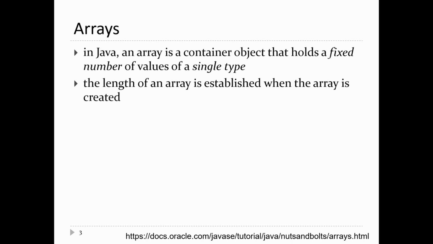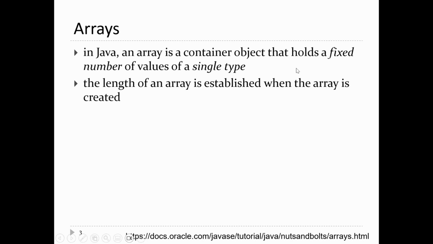Remember that. In a week or so we'll start to use lists, but for now we're going to use something called an array. In Java, an array is a container that can hold a bunch of stuff, but it always holds a fixed number of stuff. If you make an array of size 5, it always holds 5 things from the point of creation onwards.